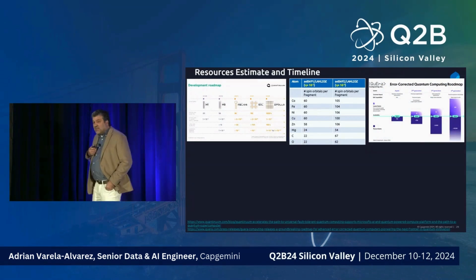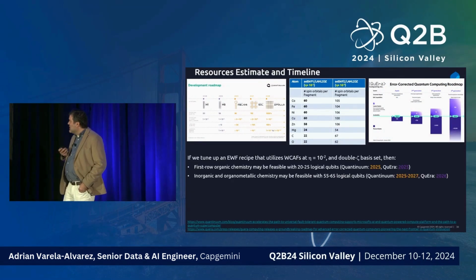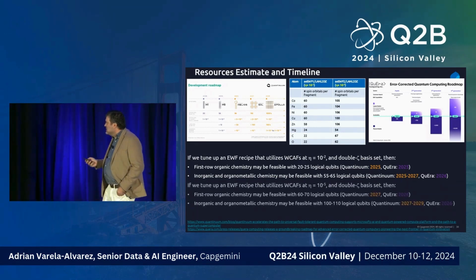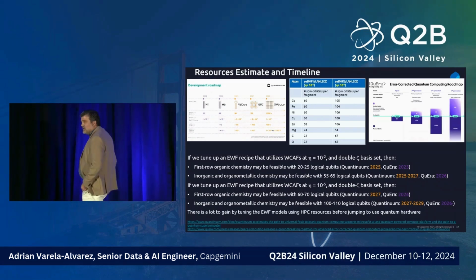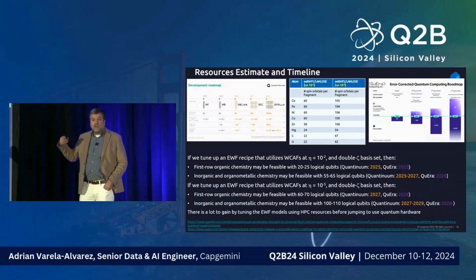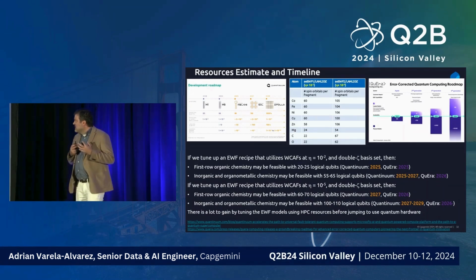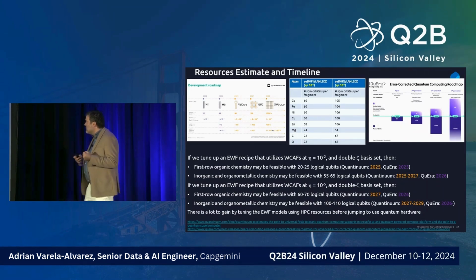Another thing that we can learn from running this type of calculation, and I'm going to try to go a little fast here, is the size of the fragments that we need to compute eventually in quantum hardware.